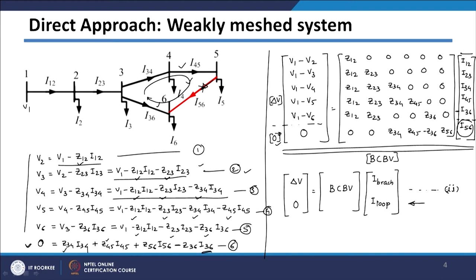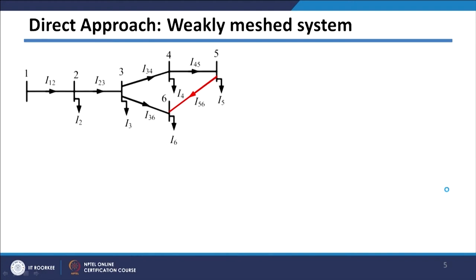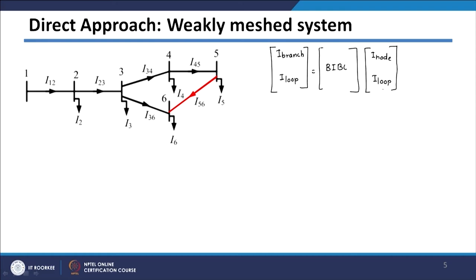So, equations number 1 and 2 I can just take on this slide. The first equation which we had got is I branch and then I loop, which is equal to your BIBC matrix, and this is equal to your I node, and then this is again I loop, and this was equation number 1.